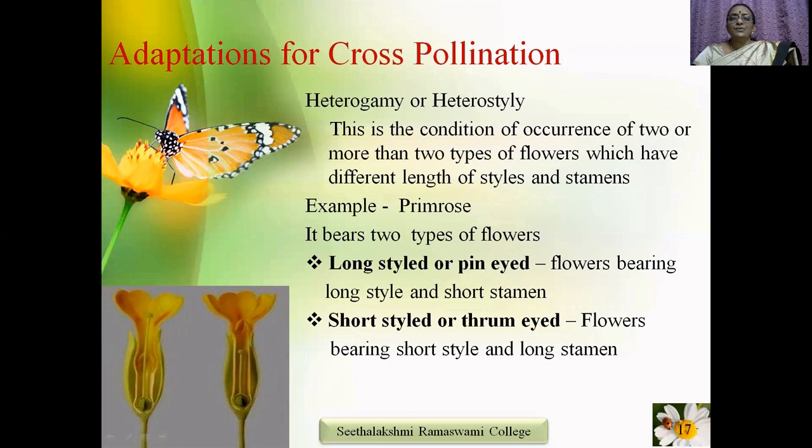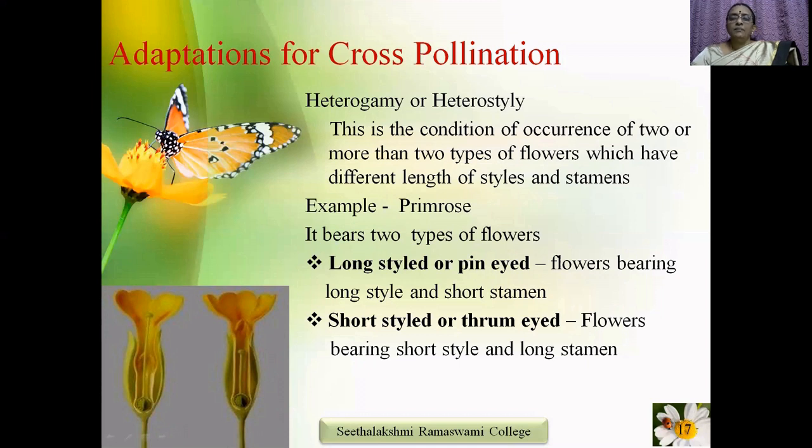The primrose shows an interesting case of dimorphism, di meaning two, morphism, morphology, two different morphologies. In the first form, the anthers are placed deep down in the corolla tube and the stigma lies at the entrance. The pollen of this type are smaller and the stigmatic papillae larger.